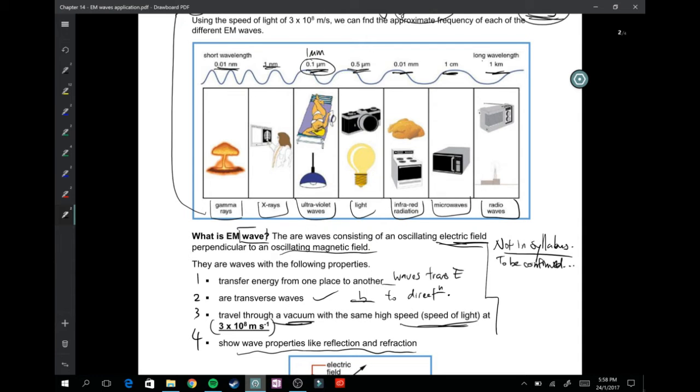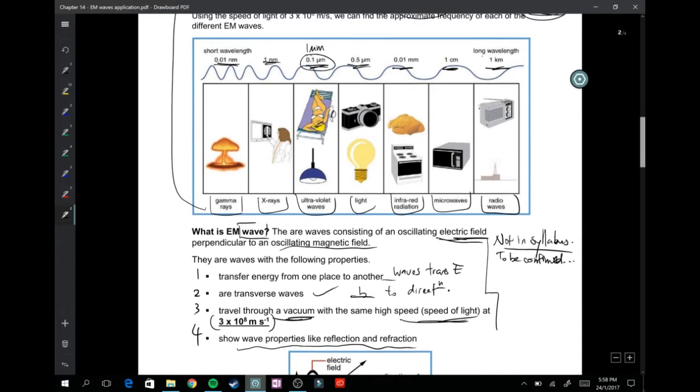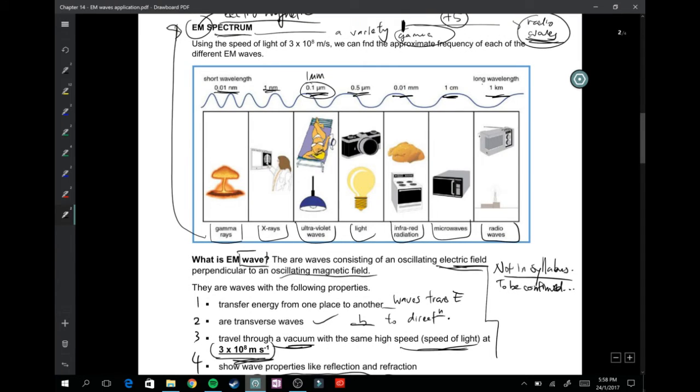Now I want us to link this idea, this 3 times 10 to the power 8 here.